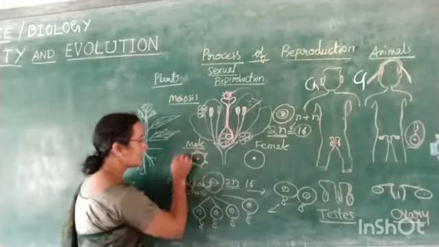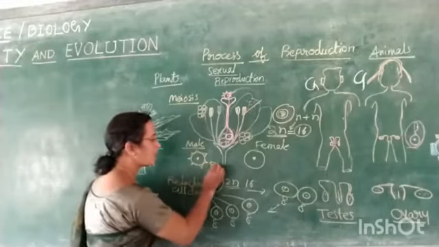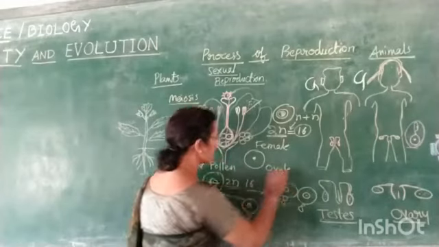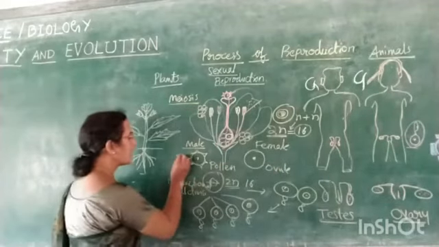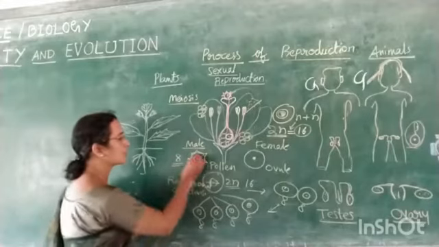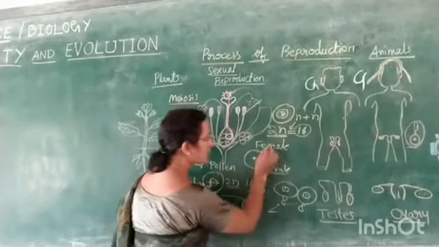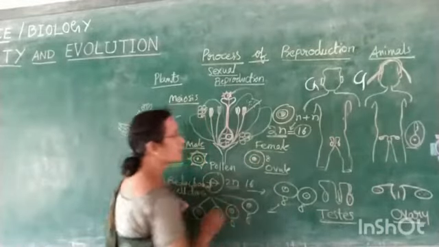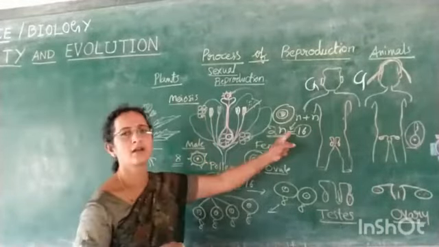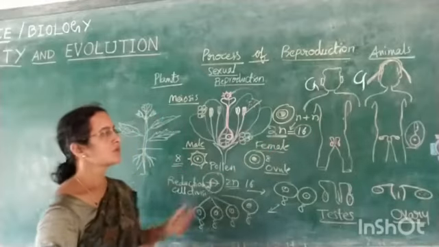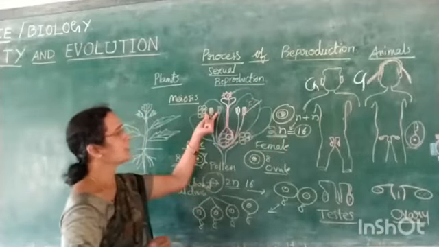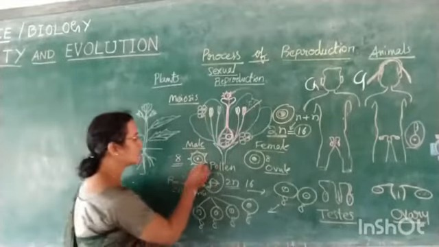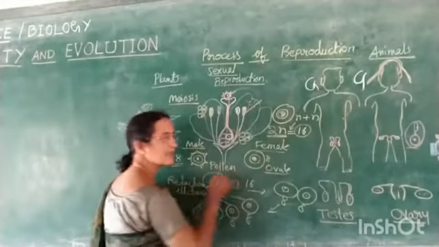Like this a pollen is formed as well as an ovule is formed. The pollen will have 8 chromosomes in its nucleus, and the ovule, the female reproductive cell, will also have 8 chromosomes, whereas the parental cell has 16 chromosomes. So the parental cell present in an anther or ovary gets reduced to its half to generate the reproductive cells.